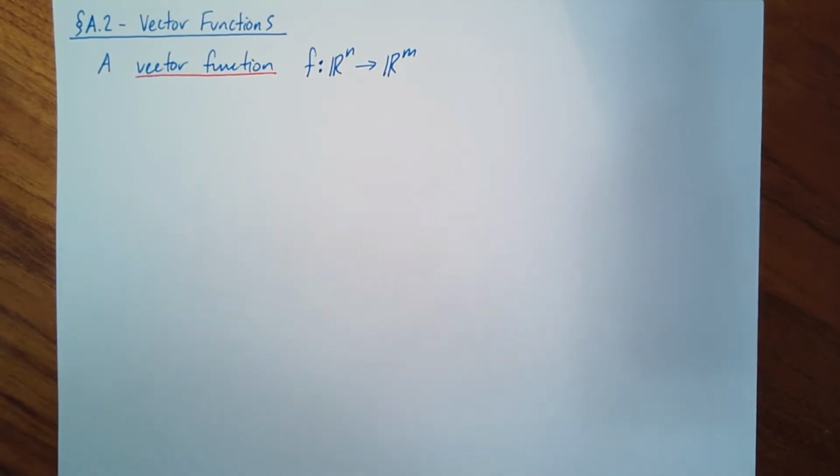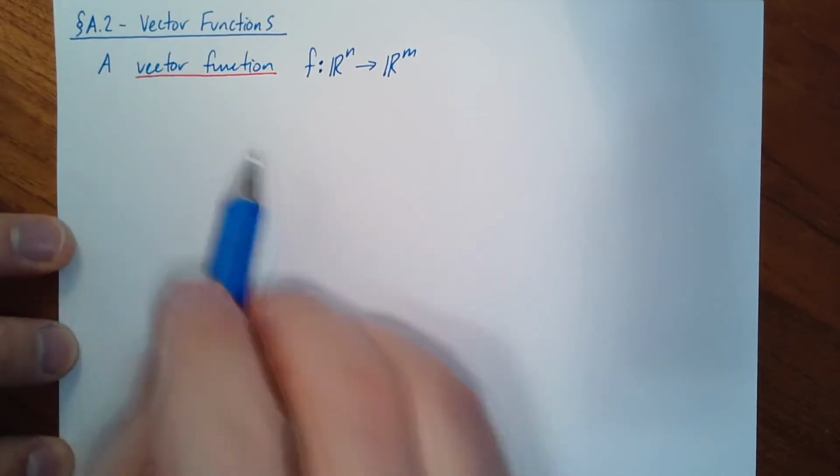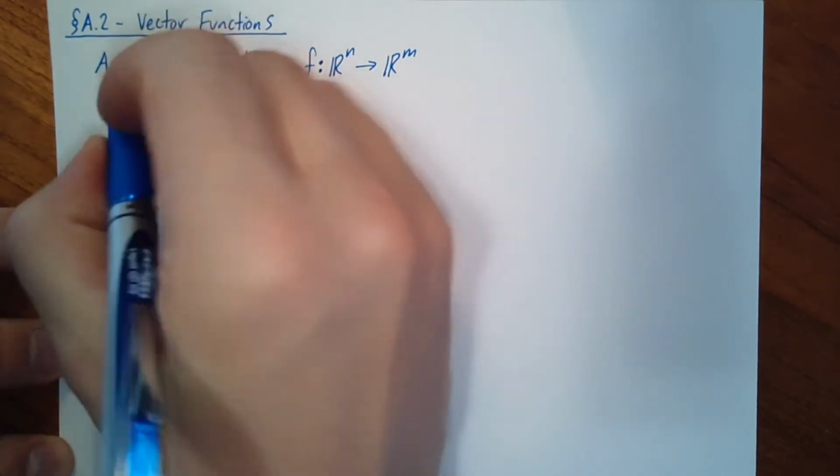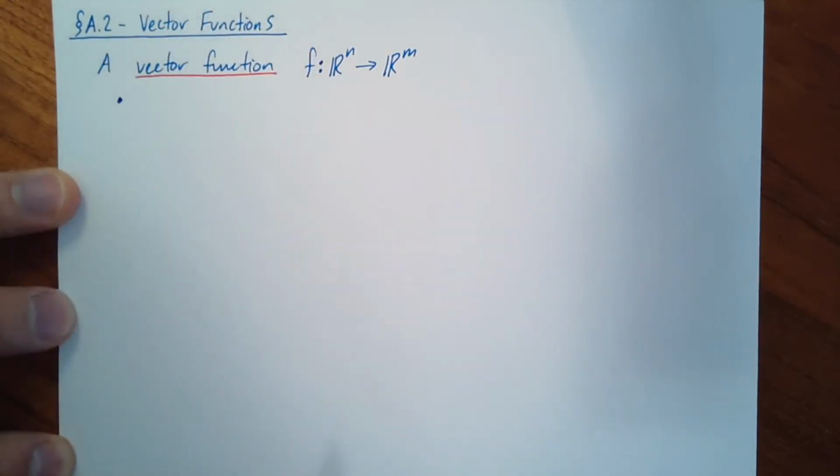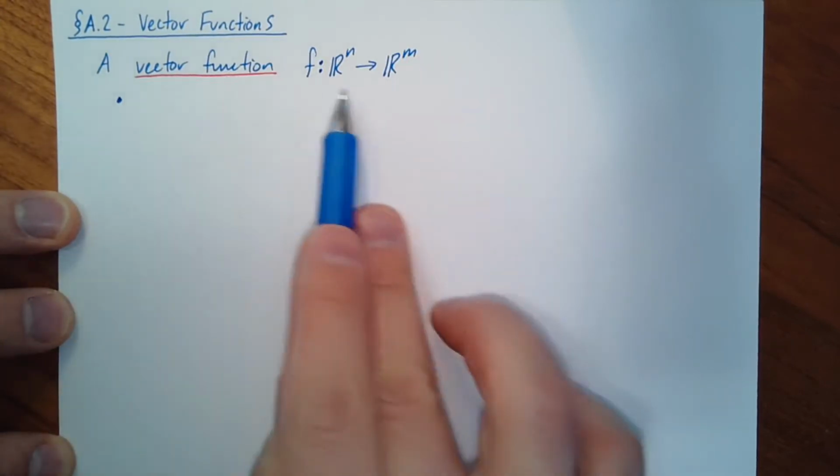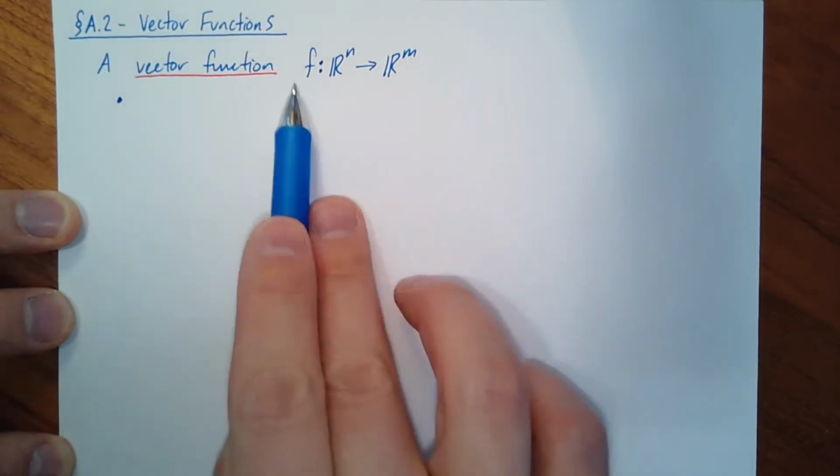Now, what are n and m? It will depend on the function that you're dealing with, right? But let me just write two more comments down in general, and I'll do them in bullet form underneath. So, what I'm about to write down just is a consequence of writing this notation down.